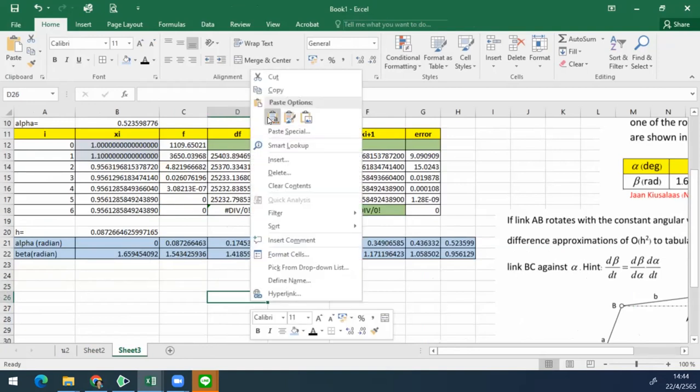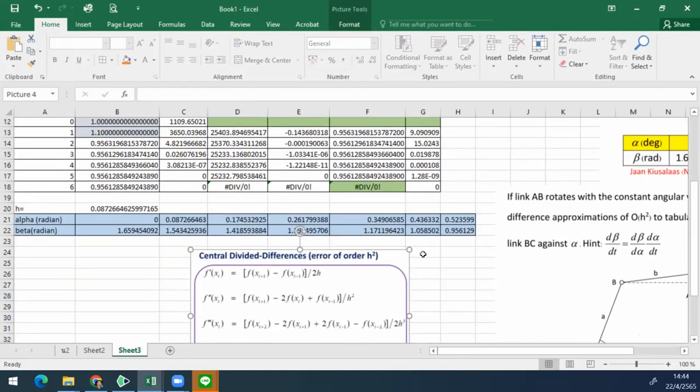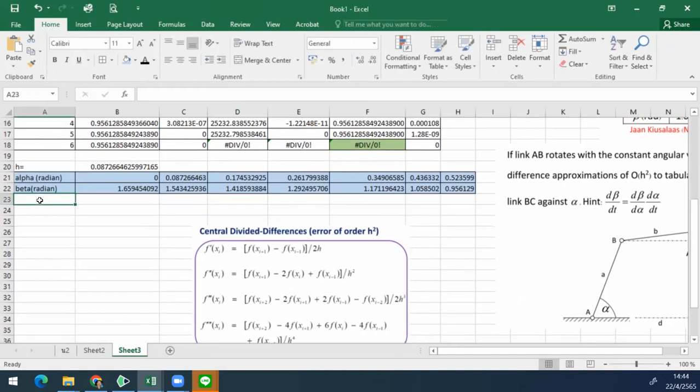For the middle data, we use the central difference, right? It is d beta by d alpha. Okay, d beta by d alpha for the middle data, we use the central difference, right? We may use the order of h squared, and it should be the same as the higher-order forward and backward.